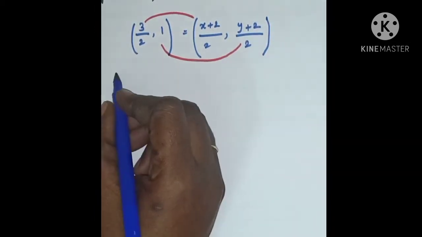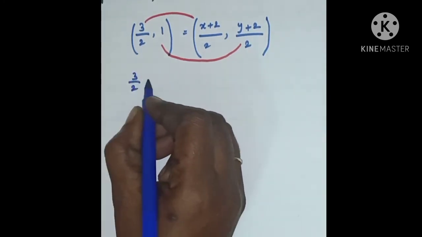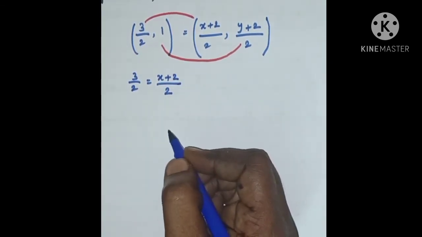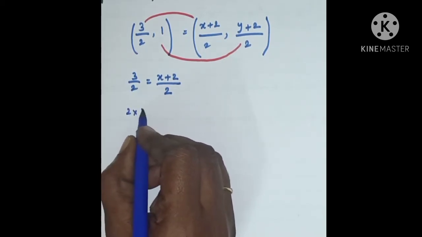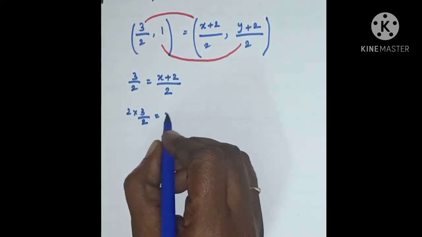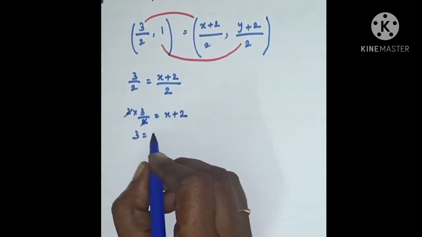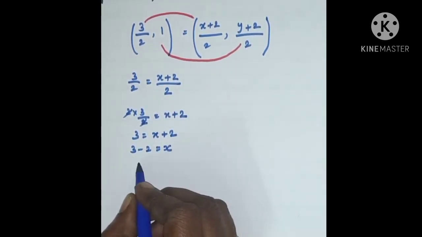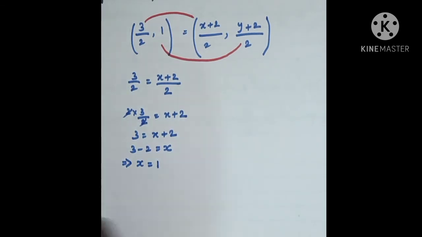Equating the x coordinate, 3 by 2 is equal to x plus 2 divided by 2. So cross multiply: 2 into 3 by 2 is equal to x plus 2. Cancelling the 2s, we get 3 is equal to x plus 2. So 3 minus 2 is equal to x, which implies the value of x is 1.